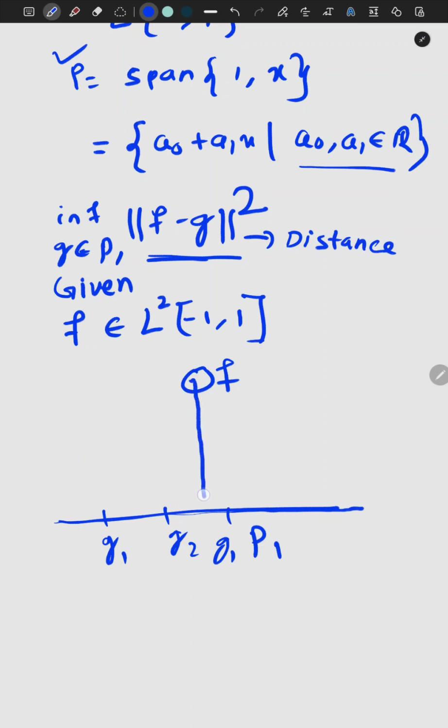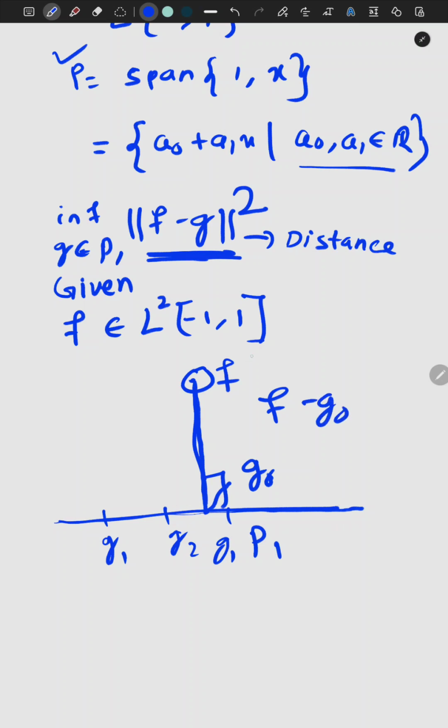The minimum distance is actually the perpendicular. If you find such a g naught which minimizes this norm, then f minus g naught should be perpendicular to the space P1.